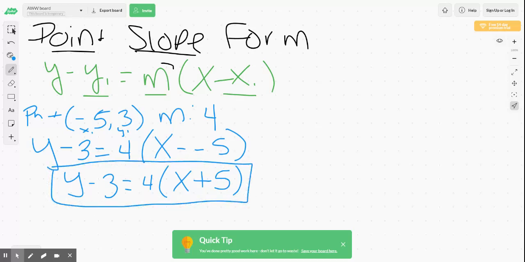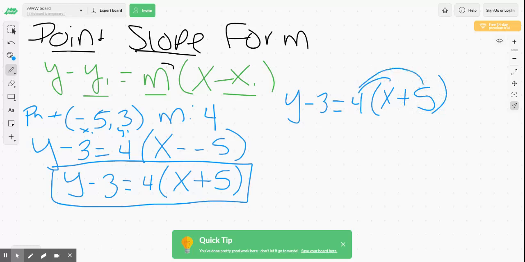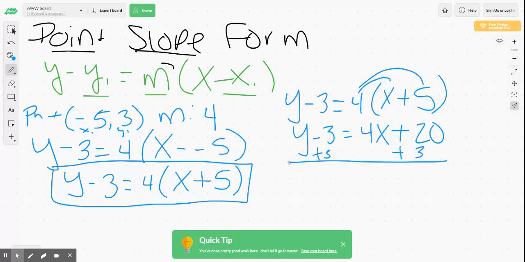So what if they ask us to convert it to slope-intercept form? So then we're going to take it a step further. I'm going to rewrite my problem, and I am going to solve this so that y is by itself. So I'm going to distribute. I have y minus 3 equals 4x plus 20, and then I'm going to add this 3 to cancel it. And if I add it to one side, I have to add to another side.